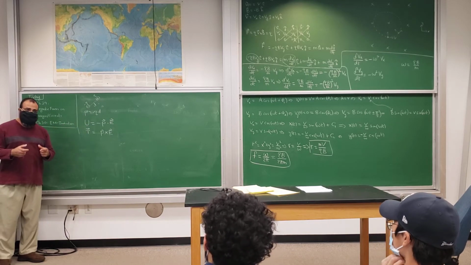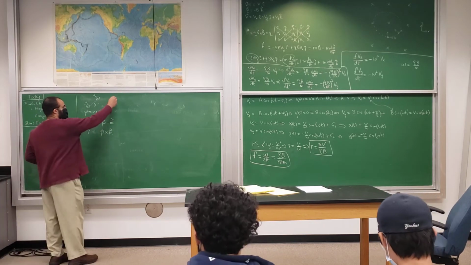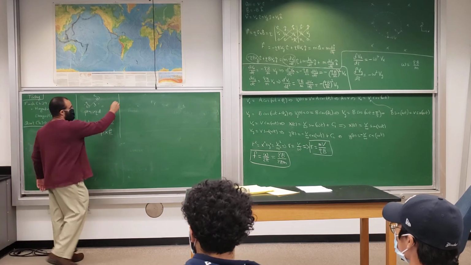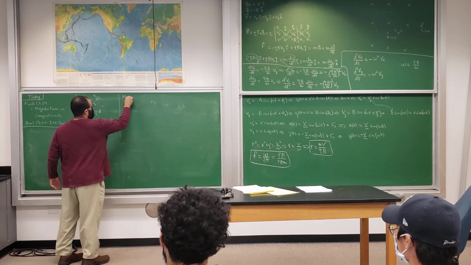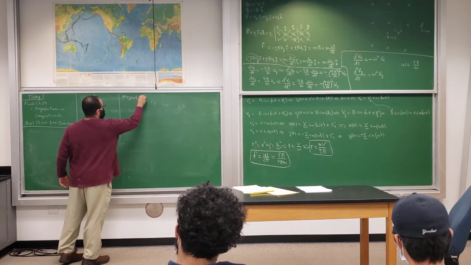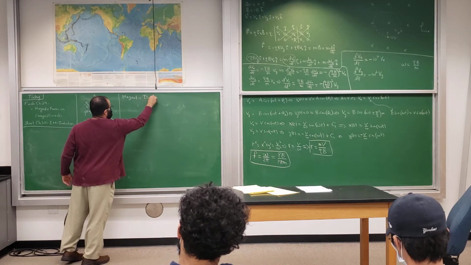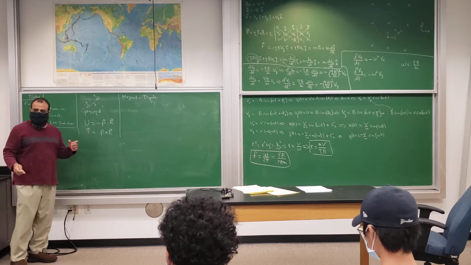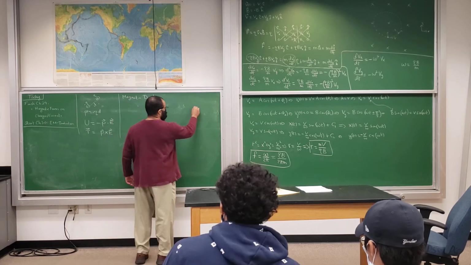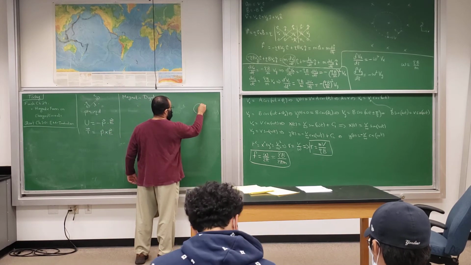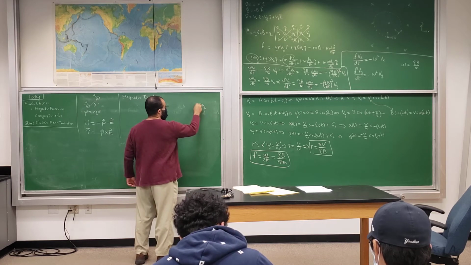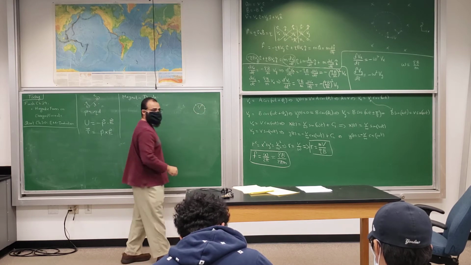So take a current loop. This is for the electric dipole moment, so now the magnetic dipole moment. Take a loop, here's a loop of radius, let's say r, and let's say the current is going this way.